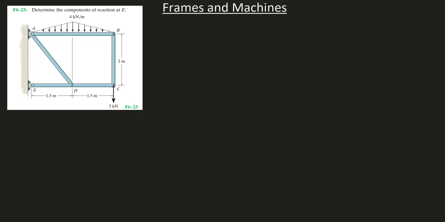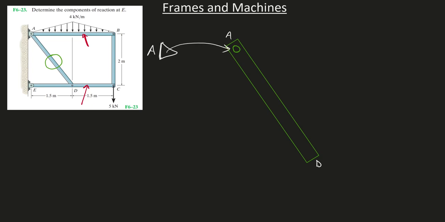So another thing that's different about frames and machines is that some of our members in our system are not two-force members. Remember, a two-force member is going to be something like this. So for this member AD, there's really only 2 points of contact. There's this point of contact here where the pin joint A inserts into, and then we have this second point of contact here where the pin at D inserts into.